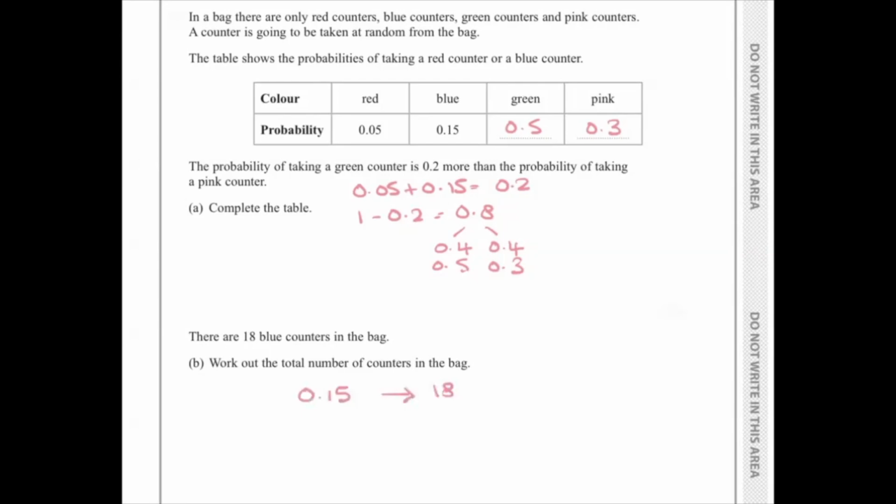And it's just personal because your brain is going to process the way your brain processes. I know that if I want the total number of counters in the bag, I am going to need to get to a probability of 1, and then that will give me them all. At the moment, I've got 0.15 is 18.